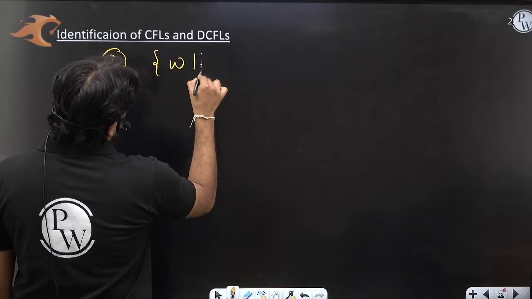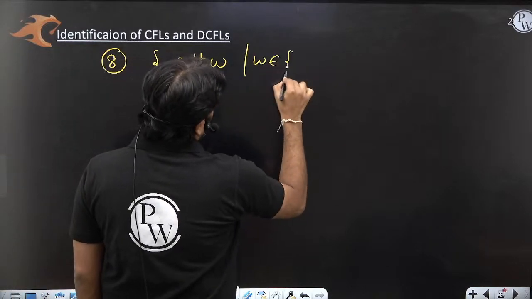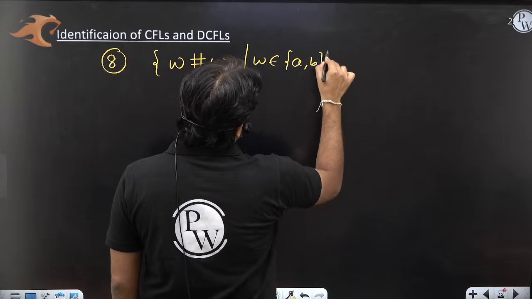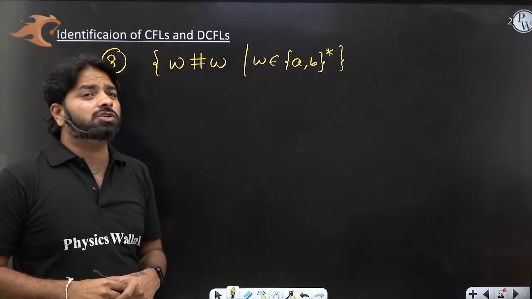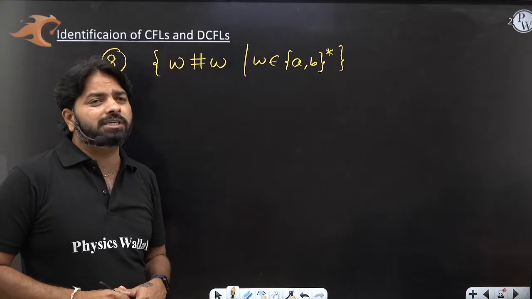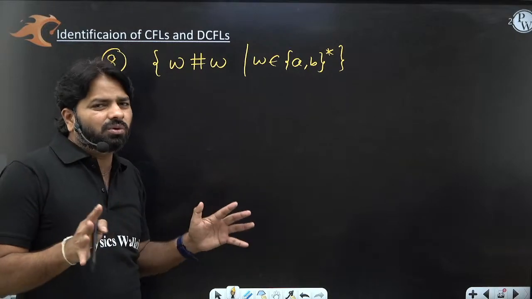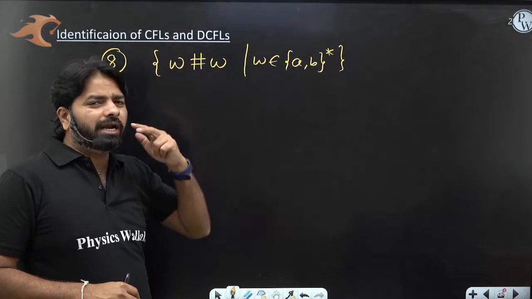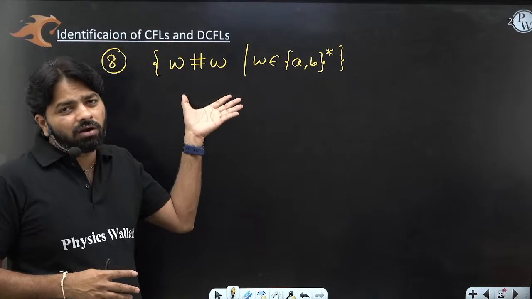Now this is very special, W hash W. It's very famous in programming languages. The concept derived from this language is that the first W represents the declaration of a variable, and the second W represents the use of the variable. Hash is something else that you don't worry about. So in programming languages there is a concept behind it.